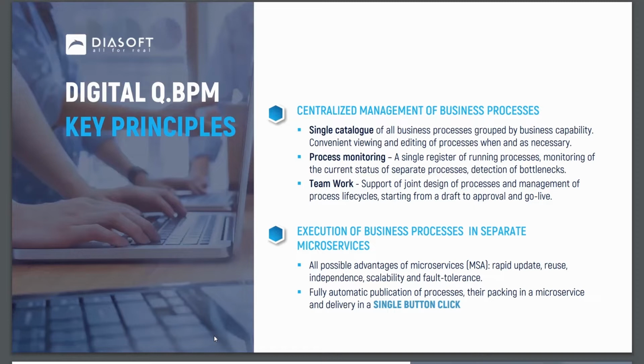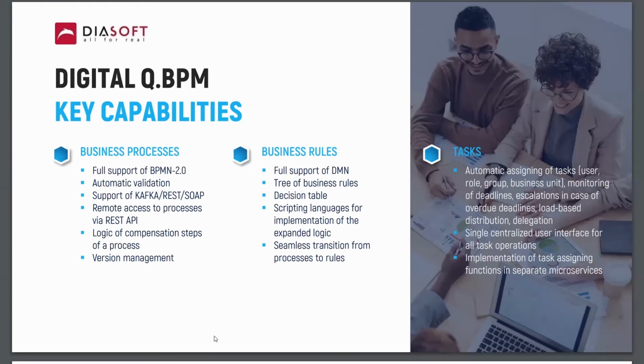All actions on business processes are done in the Business Process Designer. We also provide a centralized monitoring system. It is important for us to know what is happening in all processes, all microservices of the platform. The functional capabilities of the platform include management of the following 3 components. These are business process, business rules, and user tasks.